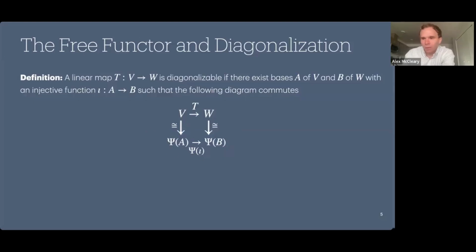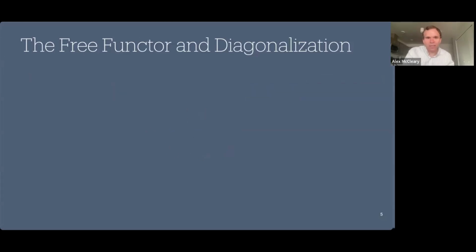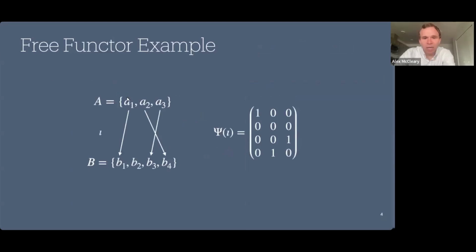If we go back to the last slide, here we have an injective function right here. And so we're really saying that this matrix on the right is a diagonal matrix. That's because we can permute the rows and columns to put this into a diagonal form.